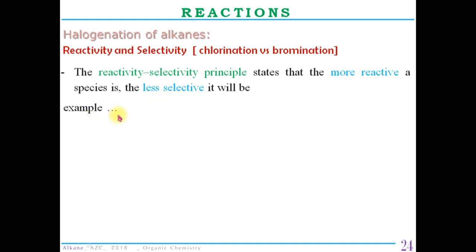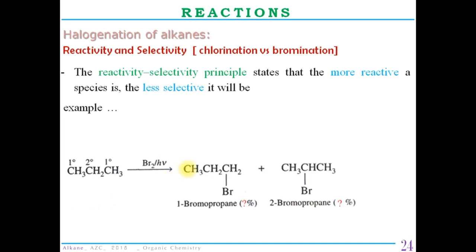We have an example for that, that is bromination of propane. We have two types of hydrogen, primary and secondary. So obviously we can get two types of structural isomer as product, that is 1-bromopropane and 2-bromopropane.